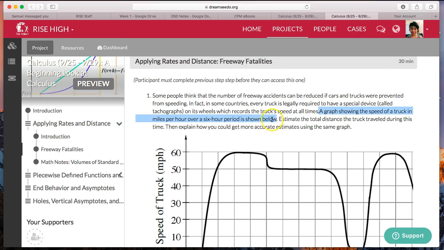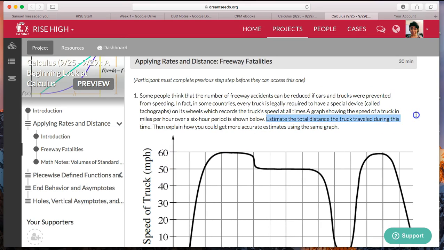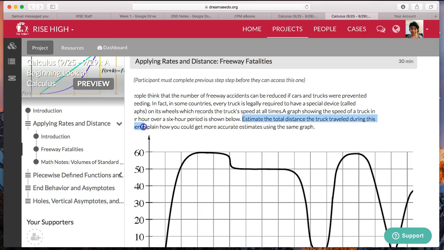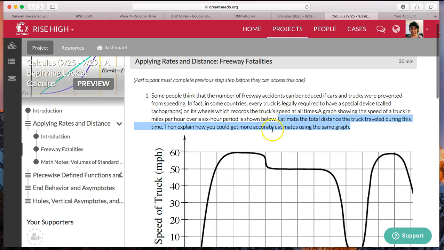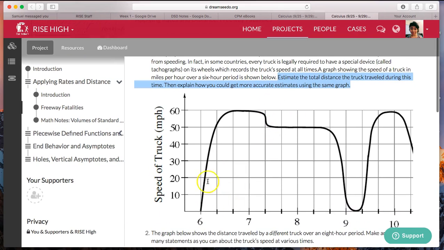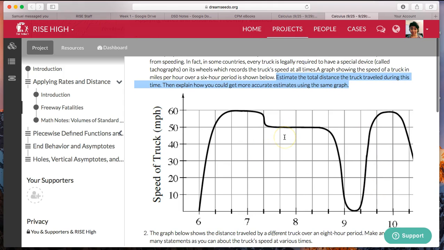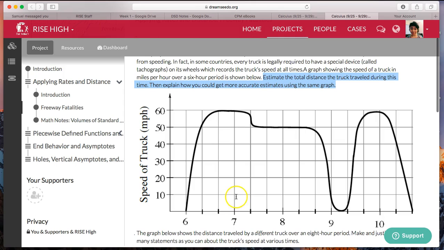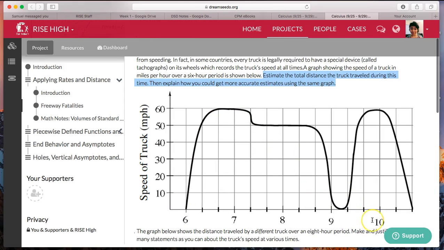It says, estimate the total distance the truck traveled during this time. Then explain how you could get more accurate estimates using the same graph. So 2 things. First, we want to know how far the truck traveled, and then how we can use this graph to figure that out. So we're just going to estimate how far this truck traveled over time.